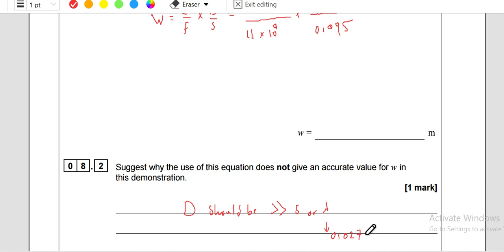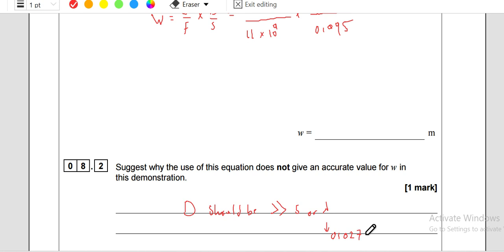Although it seems to be large, it should exceed 100 times at least, and 75 over 2.7, or almost 3, the ratio here is less than 100 times.